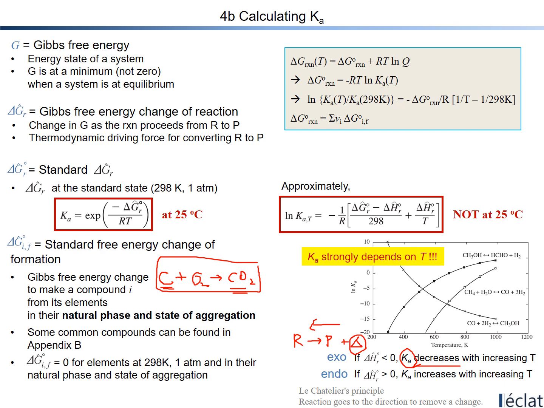Let me think about the endothermic. Reactant is going to product, and this is endothermic, so the temperature is going down, right? If you increase the temperature of the system, the reaction goes forward to compensate for the heat absorption by the reaction. So Ka increases with increasing temperature.